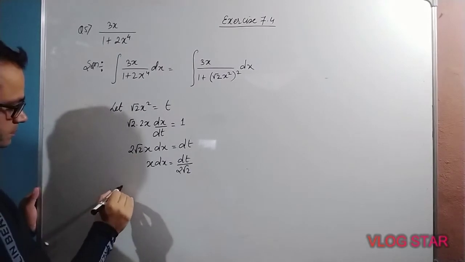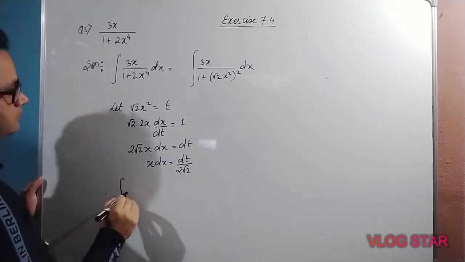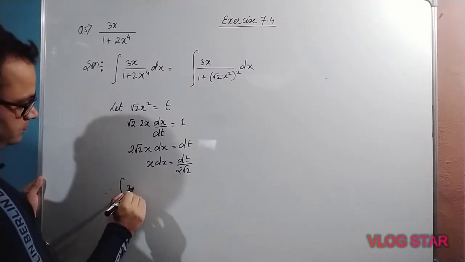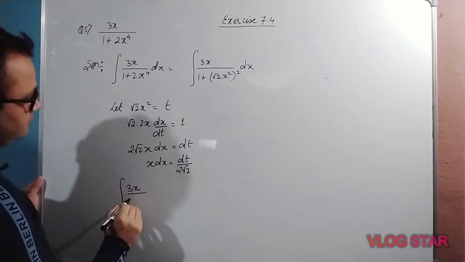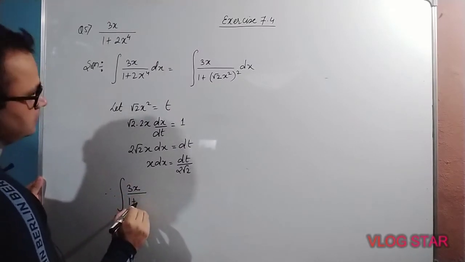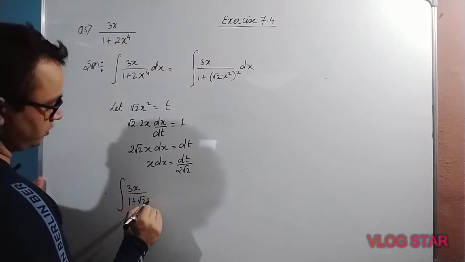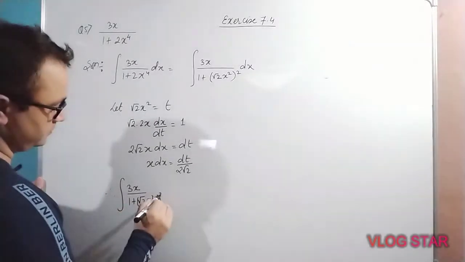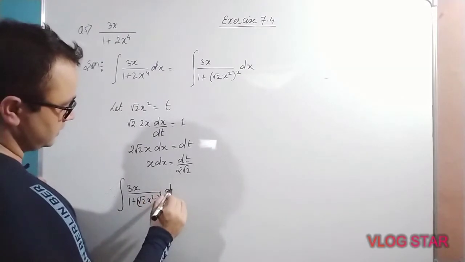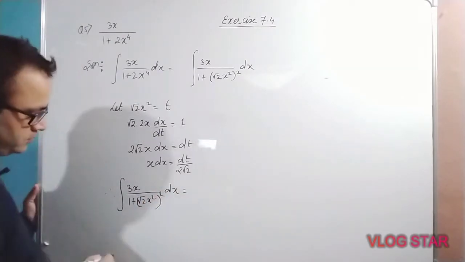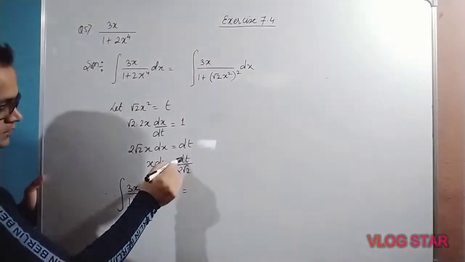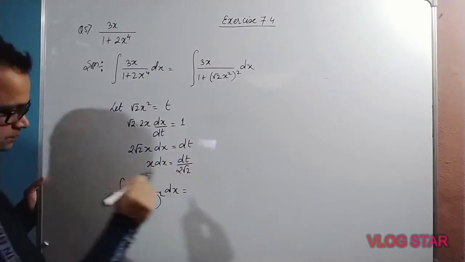Therefore, integration of 3x by 1 plus root 2 x square whole square dx equals, so x dx is dt by 2 root 2.